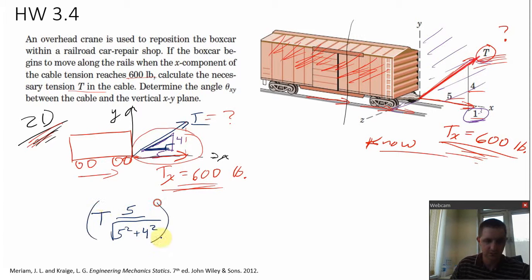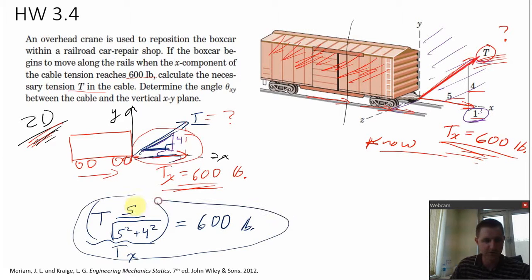All of that is the X component of the tension vector, and this would equal 600 pounds. Here's one equation, one unknown. I can solve for T here.